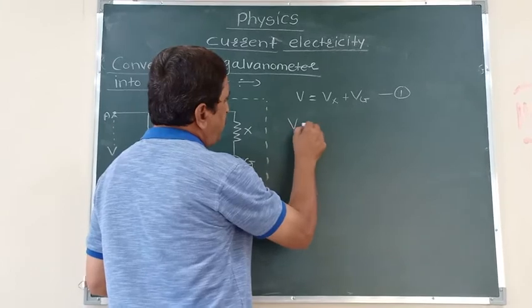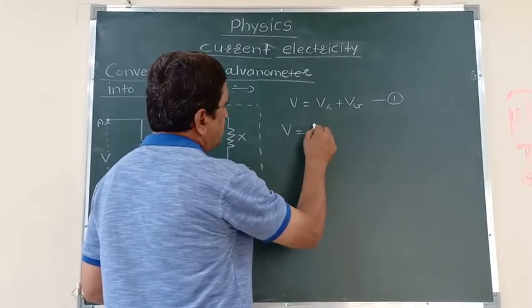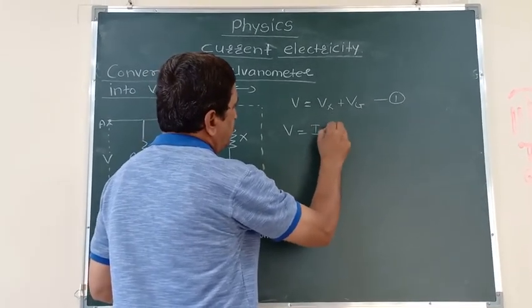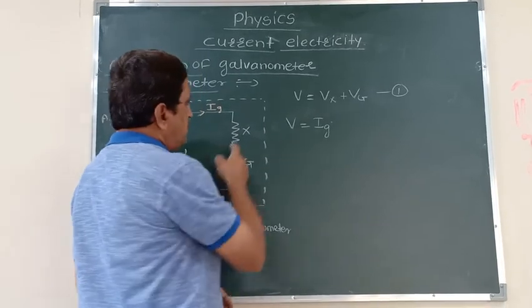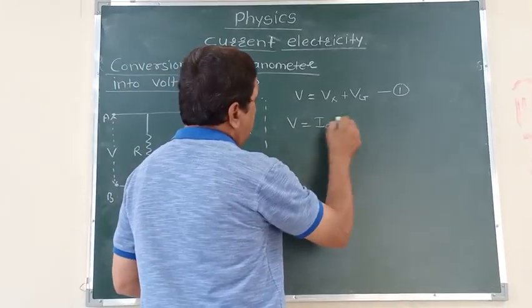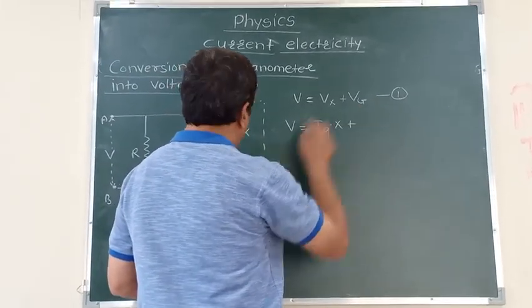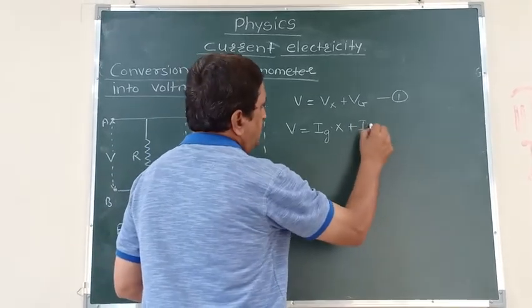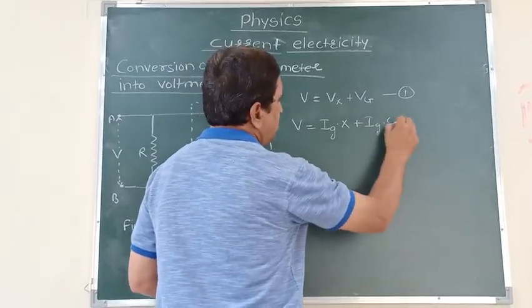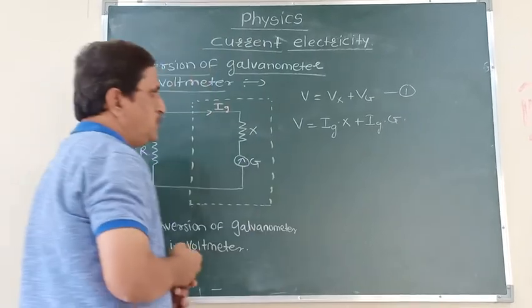Now, we know that potential difference is nothing but the product of current and resistance. Therefore, we can write V is equal to Ig, that means the current flowing through the resistor X, into the resistance of that resistor X, plus Vg, that means Ig into G, that means the resistance of the galvanometer.